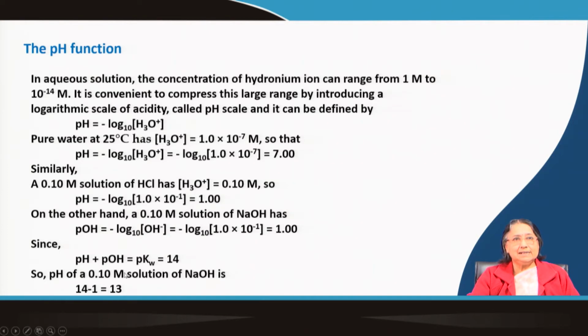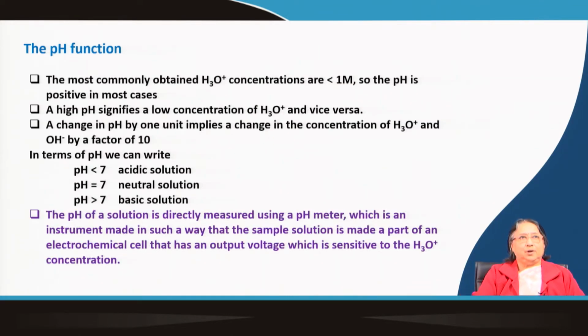Since pH plus pOH is nothing but pKW, pH plus pOH is 14. So, we can calculate the pH of this NaOH solution: the pH of a 0.1 molar solution of NaOH is 14 minus 1, that is 13. So, this is the concept of pH and pOH. This is very, very important.